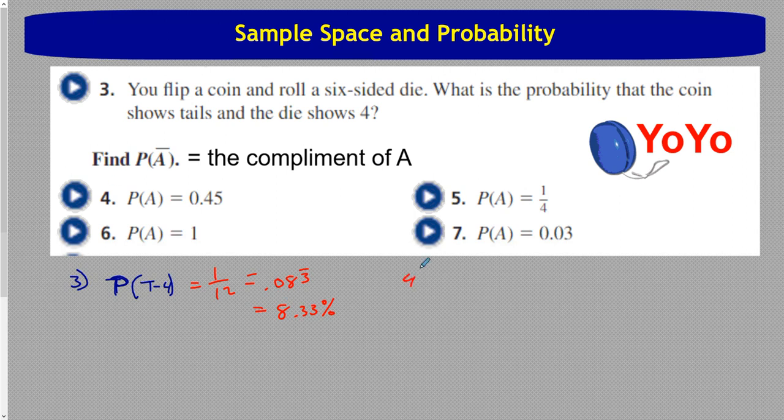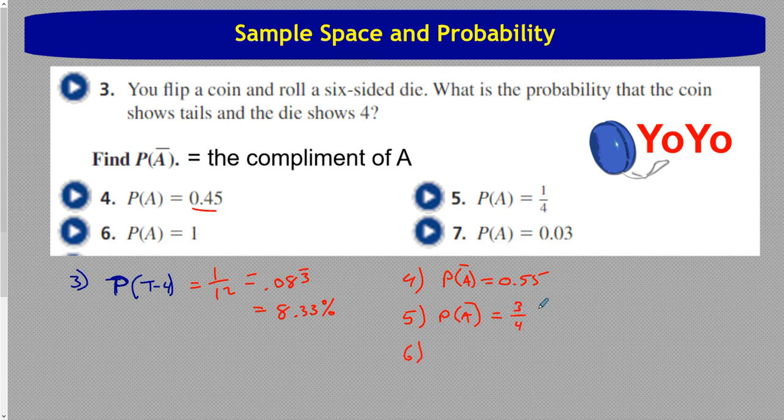All right, number 4. Find the complement of A if A has a 45% chance. We're going to write our answer as a decimal. So the complement of A is written with a bar over the A, and that's going to be 0.55. 1 minus 0.45. Number 5, the probability of the complement of A. If A is 1/4 likely, then this one will be 3/4 likely, right?